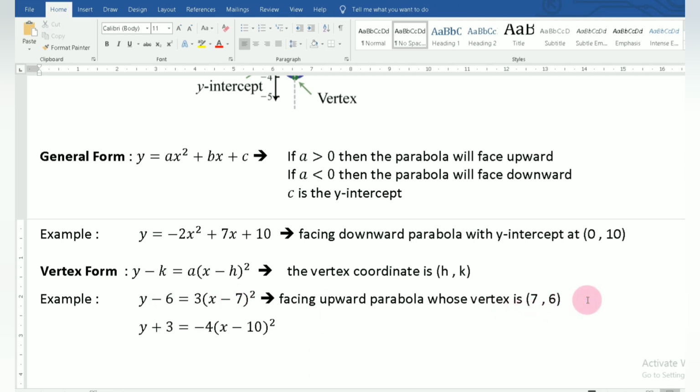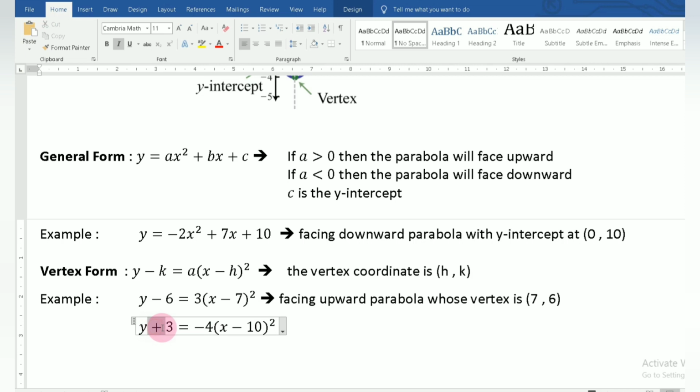So let me go to the second example. If I have this as my equation in vertex form, a equals -4. Since a is negative, this parabola must face downward. And then the vertex will be (10, -3).